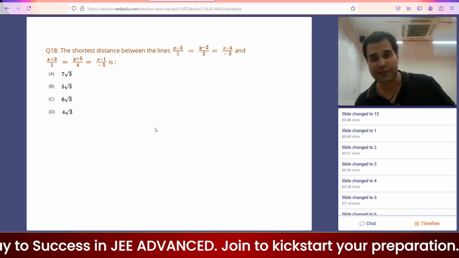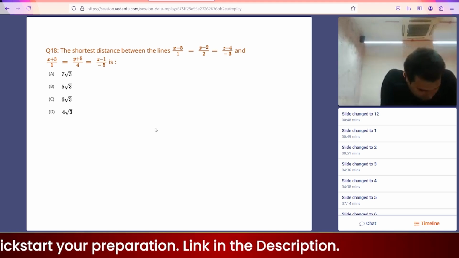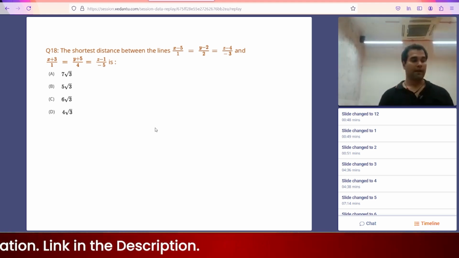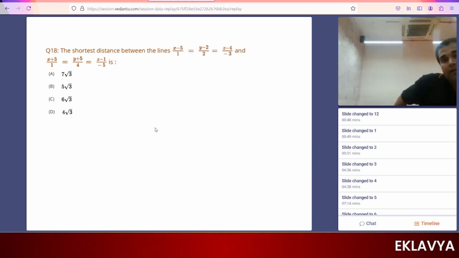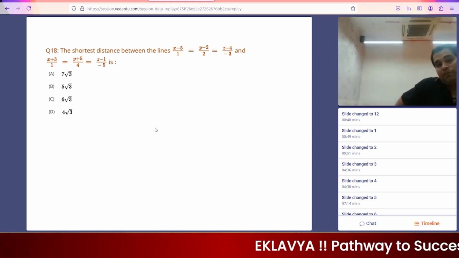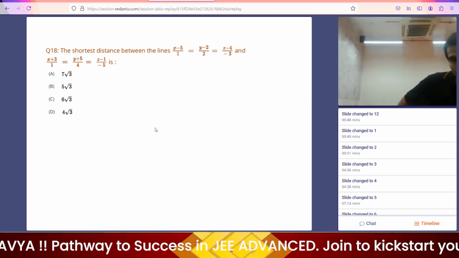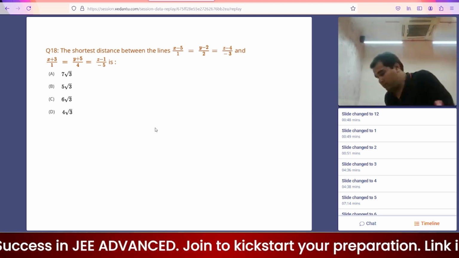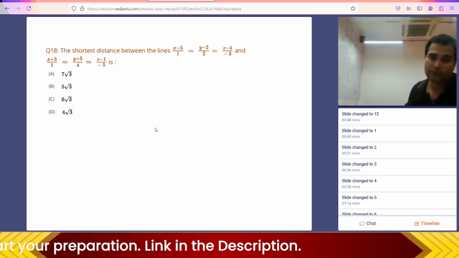Shortest distance between the lines. This type of problem can be solved in Cartesian form and vector form, Cartesian equation and vector equation of a line.